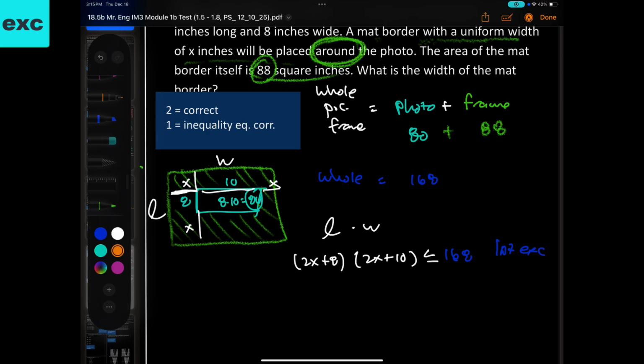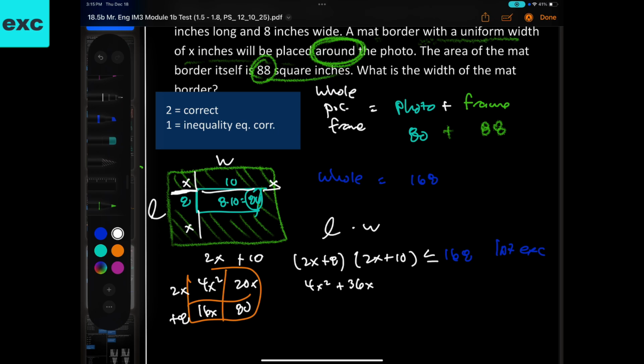Okay, so just multiply that out. So this would give me 4x squared, 20x, 16x, and 80. So 4x squared plus 36x, just combine like terms there. Okay, subtract 168. So 4x squared plus 36x minus 88 less than or equal to 0.